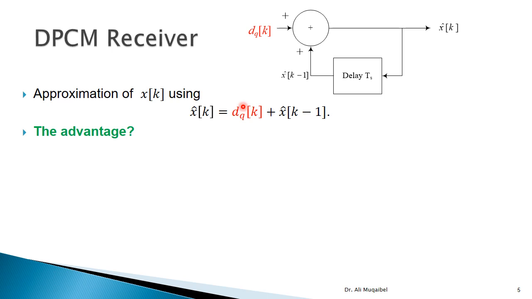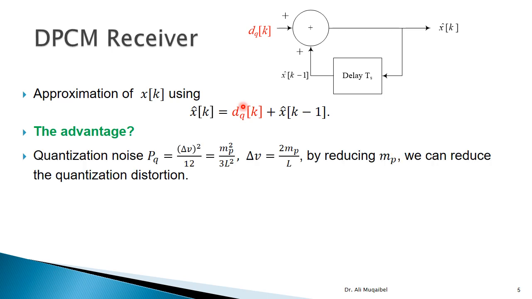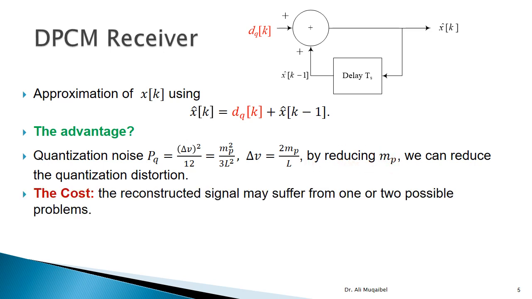So what's the advantage again of doing DPCM? We recall this equation for the quantization error. The quantization power is related to the peak value, or delta nu, which is the step size, is related to the peak value. So by reducing MP, by reducing the peak value, we can reduce the quantization distortion. What's the cost added?